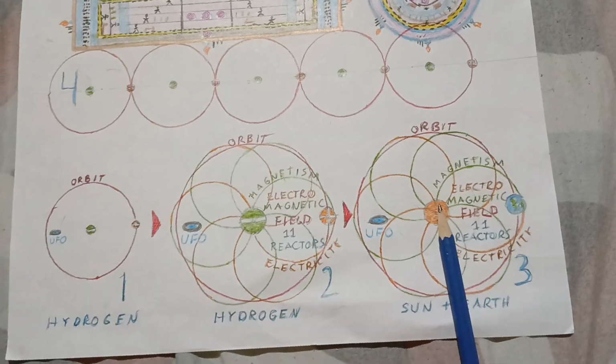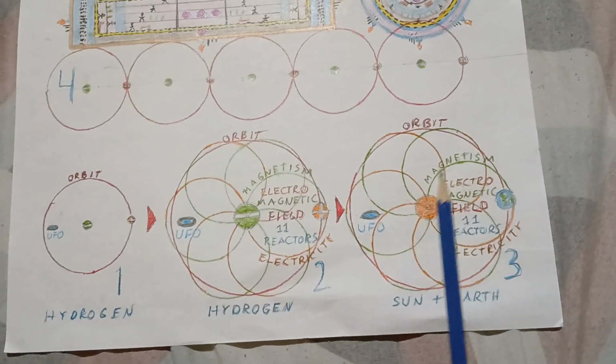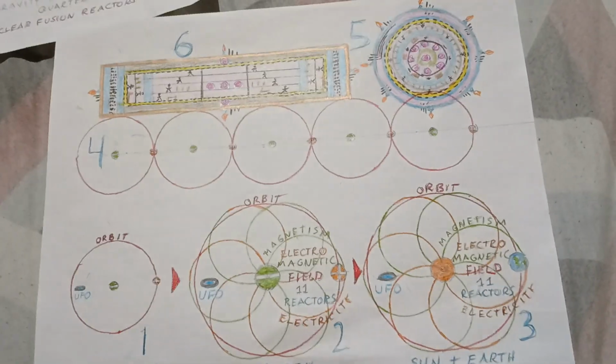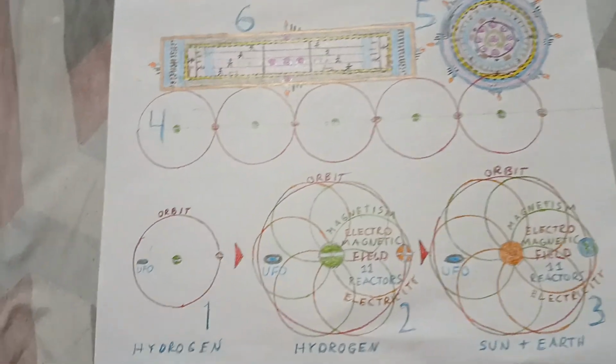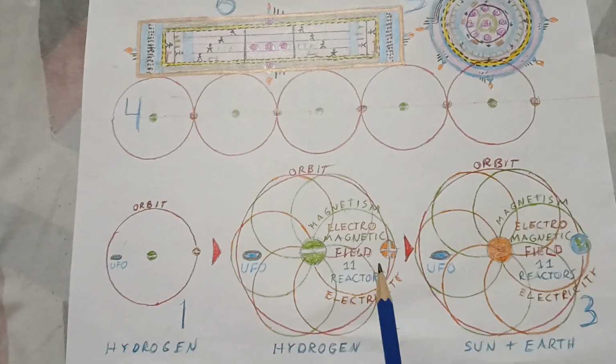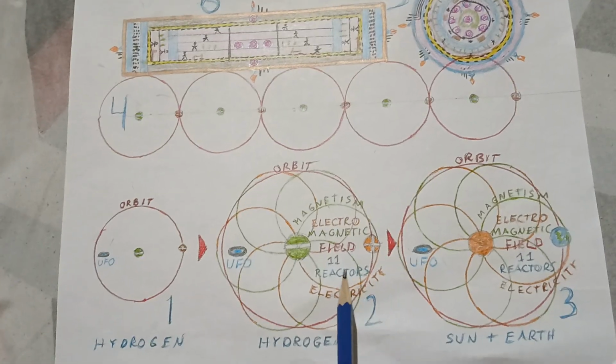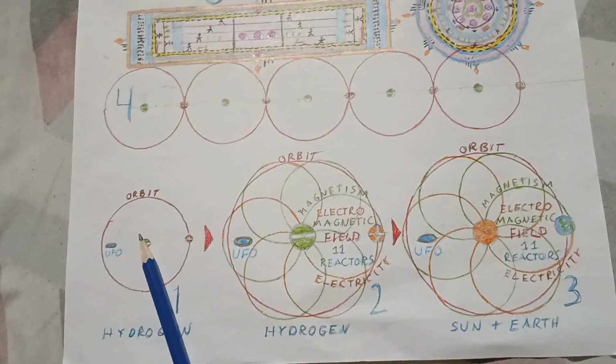So at our stage here, that electricity is a lot. That's a lot of electricity that can be generated by 11 nuclear fusion reactors. A lot. So over here is the atom.